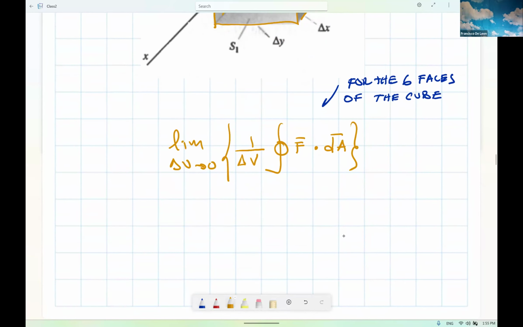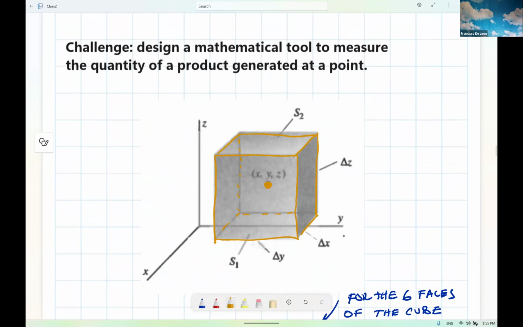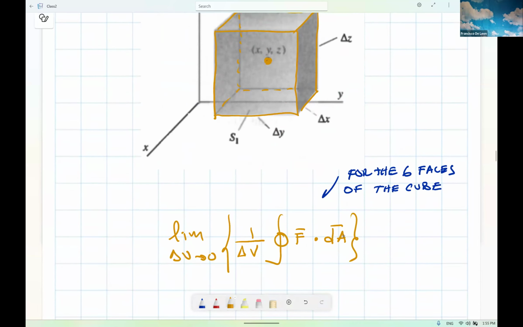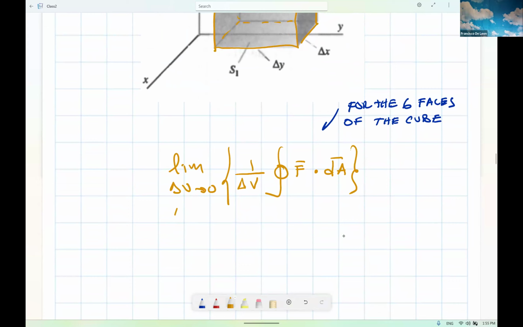The thing is that it's not only the volume going to zero, because I can flatten the two surfaces and the volume is zero. All dimensions need to go to zero. So delta x tends to zero, delta y tends to zero, and delta z tends to zero.